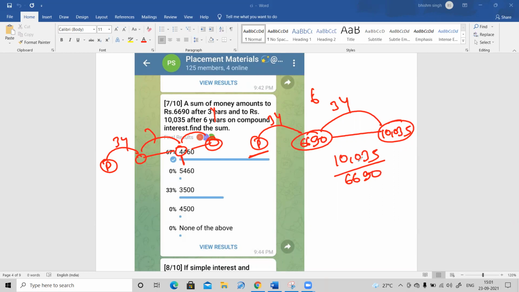This is amount divided by principal, because we will assume this one as principal for the 3 years. So we will find the ratio of this. 5 twos are 10, 5 sevens are 35, 5 ones are 5, 5 threes are 15, 5 threes are 15, and 5 eights are 40. So what is this? 1338.